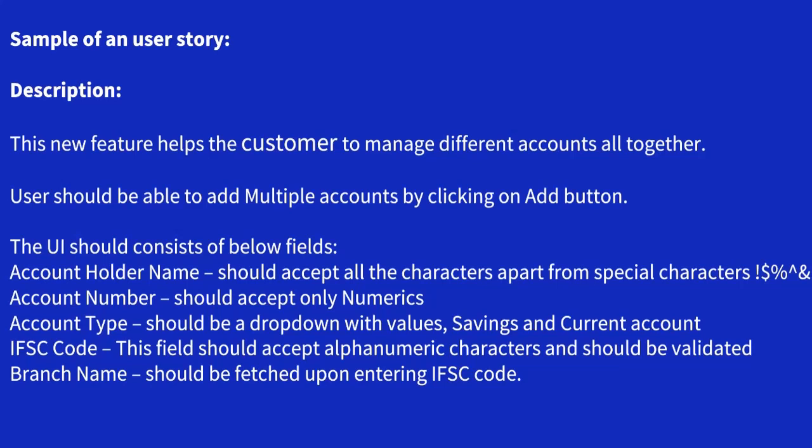So this is how the customer has given us the acceptance criteria. On the basis of this, the developer will code, and on the basis of this we have to write the test cases and test it. This is just a sample of how a user story looks.